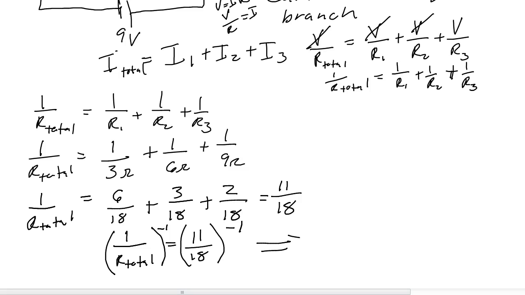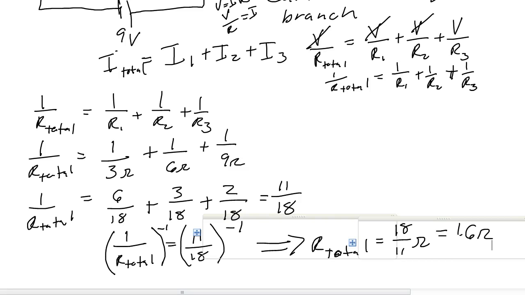So I took the inverse of both of those, so I get R total is equal to 18 over 11 ohms, or it's about 1.6 ohms. Okay, that's pretty good, and that wasn't so bad. But remember, I've seen students do this a lot. They forget to flip R total, and they get the answer wrong.